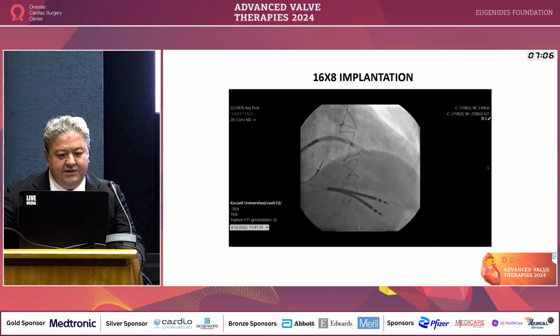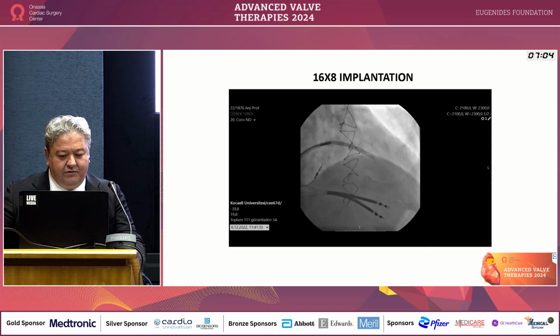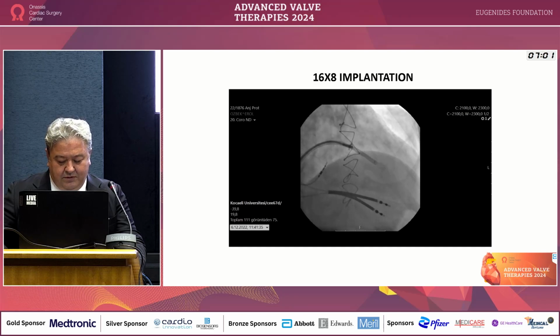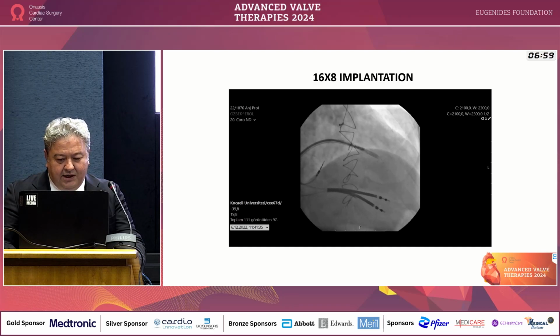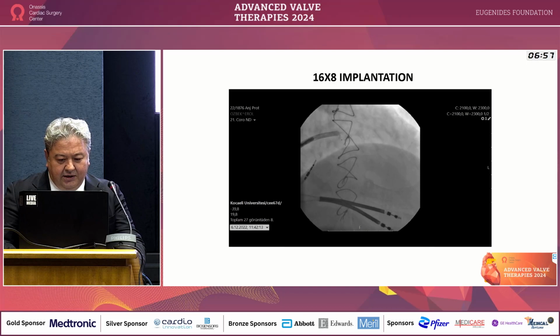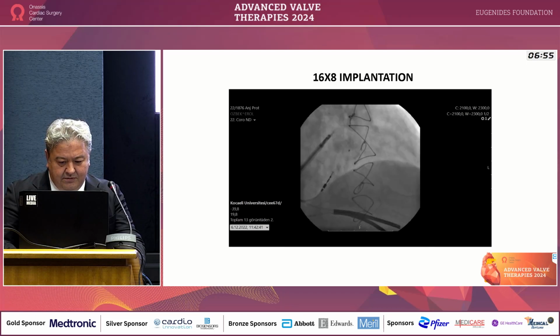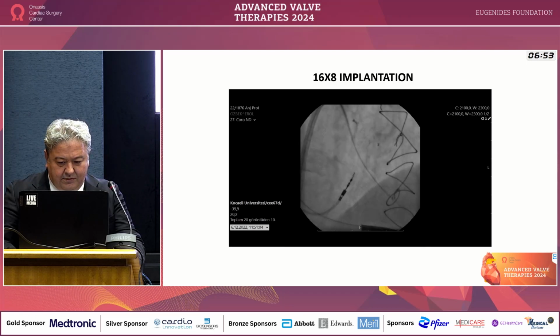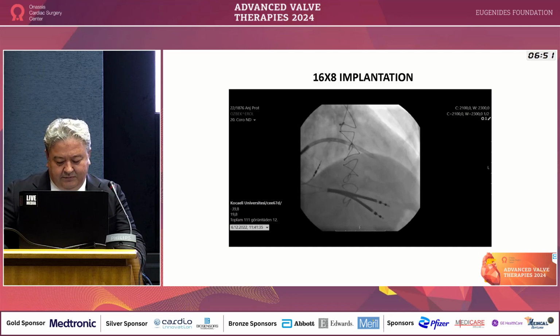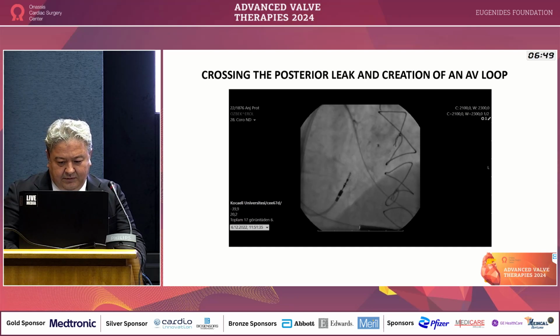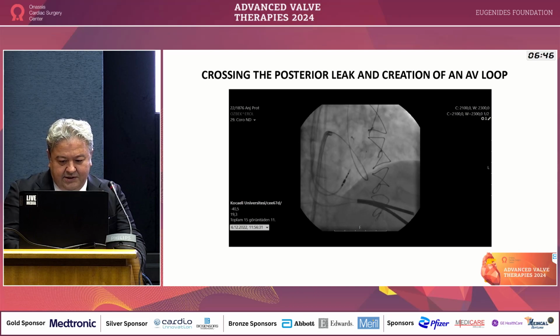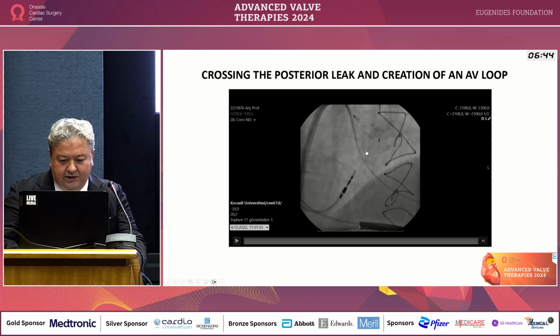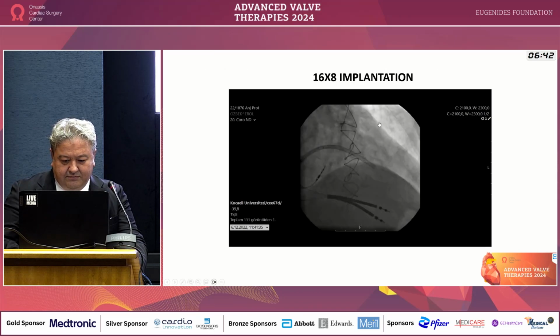We select the 16 millimeter rectangular W device, open the distal disc, and close the leak. So you can see the appearance of the Occlutech rectangular W device here.